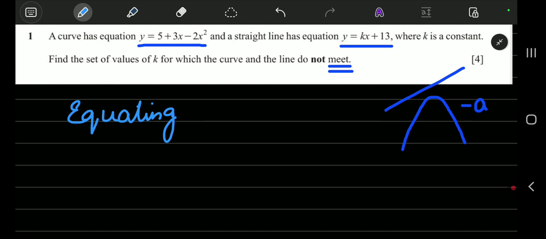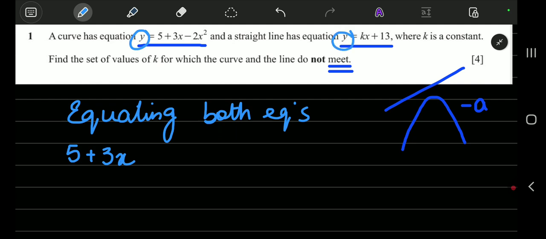Okay, equating both equations: 5 plus 3x, because we have left hand side both equal to y, so we can equate the right hand side. So 5 plus 3x minus 2x squared equals kx plus 13.